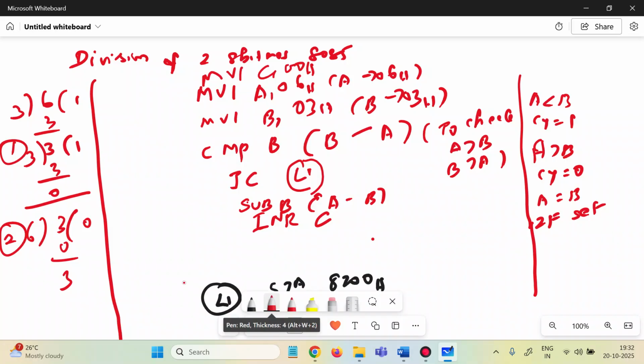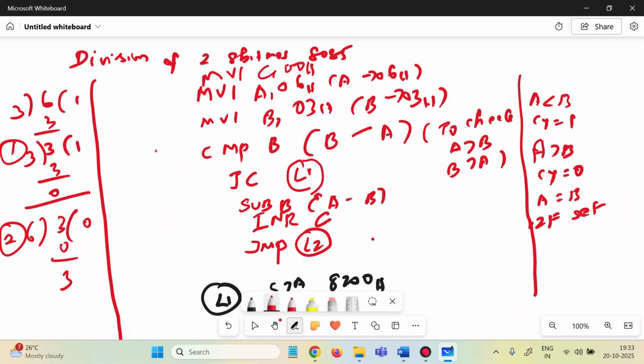So one time it's over. You have incremented your quotient once. Now again give the command jump L2. So I give the command as jump L2 after incrementing.